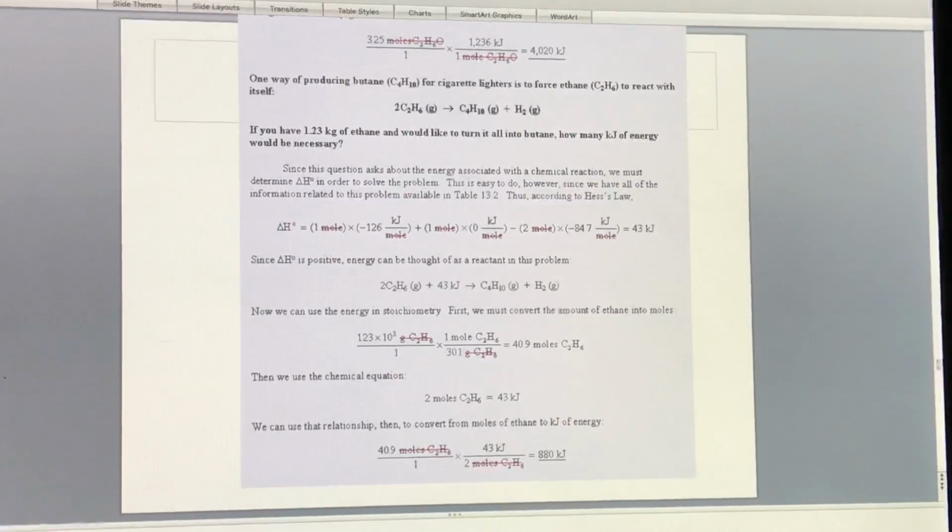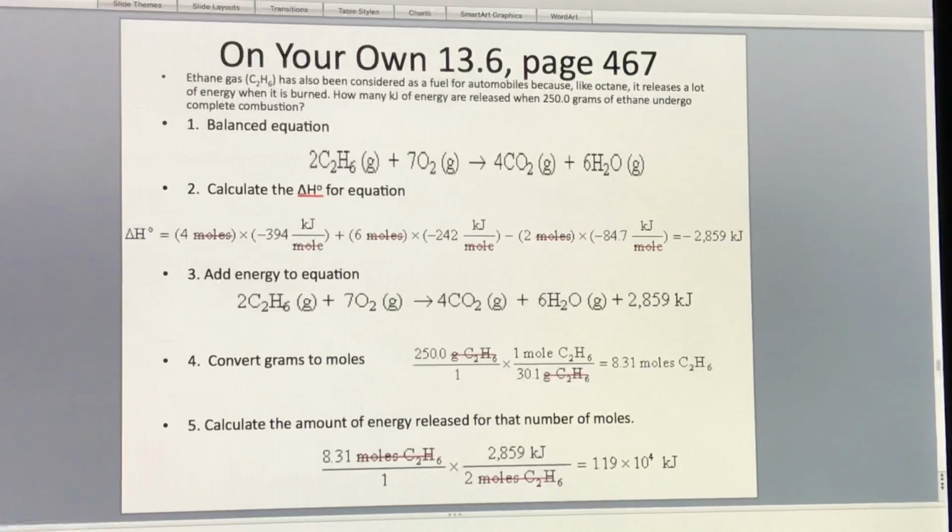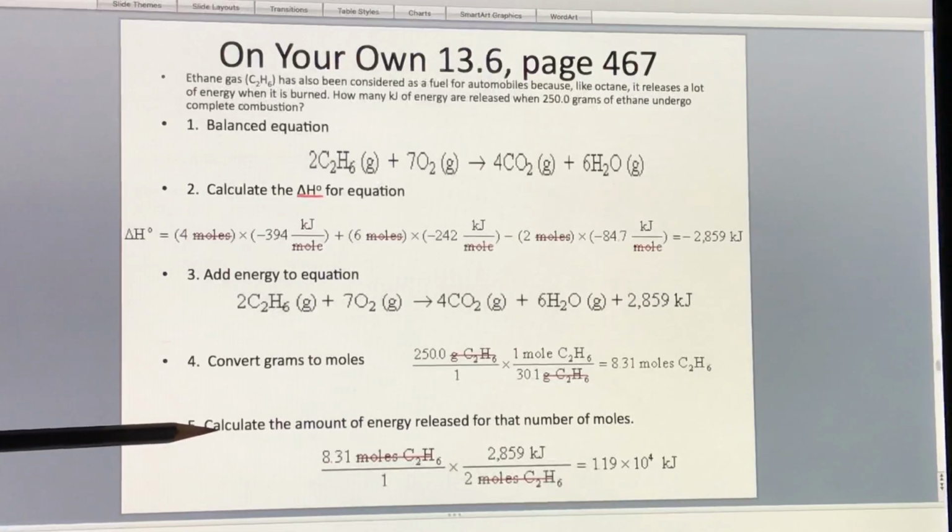All right, so now let's look ahead at your on your own 13.6 on page 467. In this case, I've outlined the steps once again. It's a very, very similar problem, but I've outlined the steps here. We're going to start with the balanced equation, calculate the delta H, add the energy to the equation, convert grams to moles, and then calculate the amount of energy released for that number of moles.